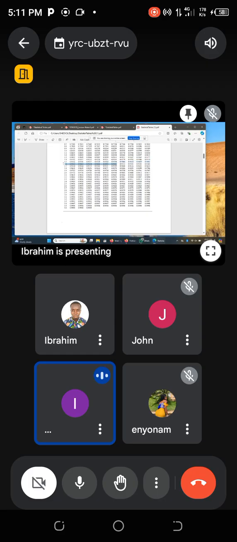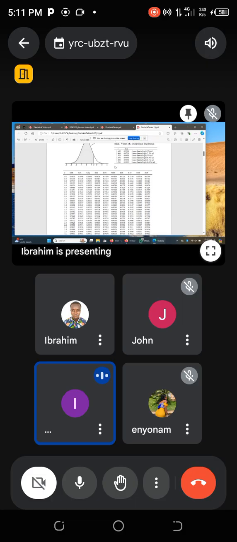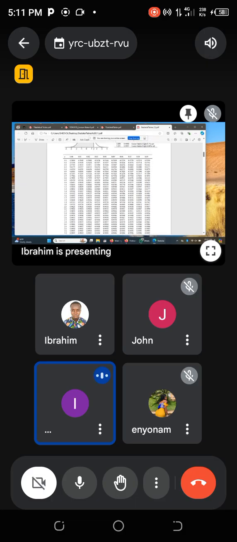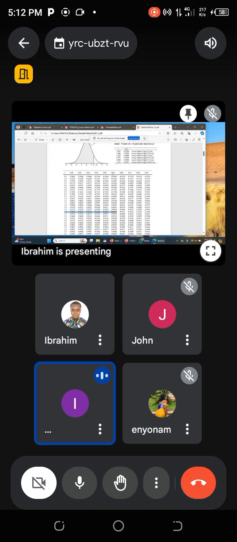Then from that same 0.95, move vertically upwards, you get 0.05.